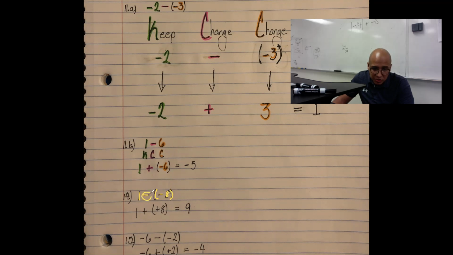Again, we don't want to subtract, so we're going to change it. Keep, change. We keep the 1. We change the subtraction to addition. Good. That's exactly what we want. We change the negative 8 to a positive 8. 1 plus 8 is 9. Again, if it's subtraction, change it to addition using KCC and then just follow the addition rules.